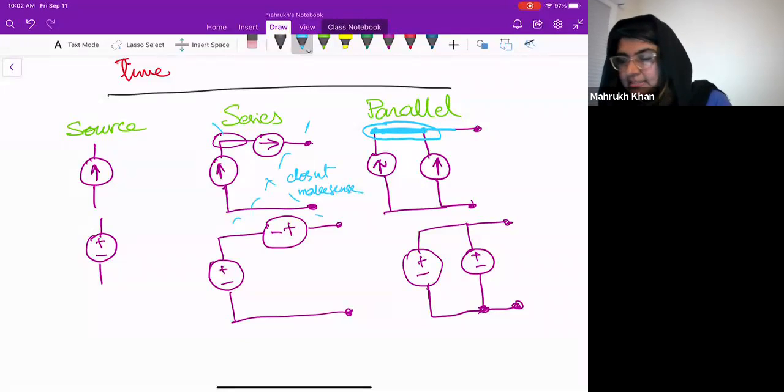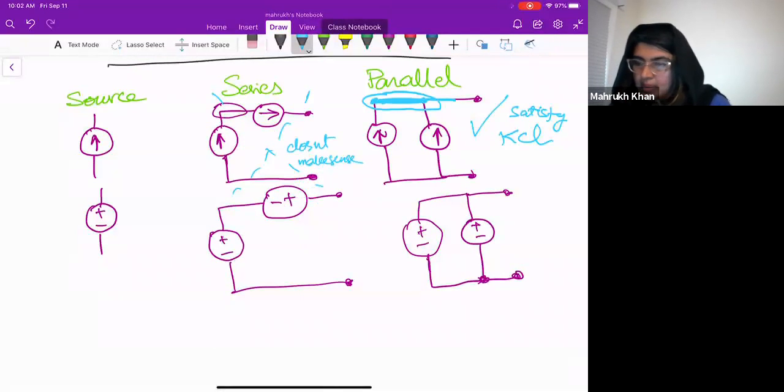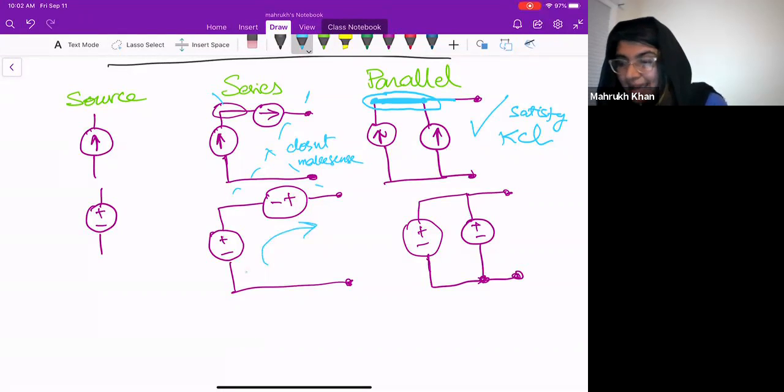So this is possible and makes sense, because it satisfies our rule, KCL. Now, if you think here, this is actually possible because you can add voltages and they can be given to others.